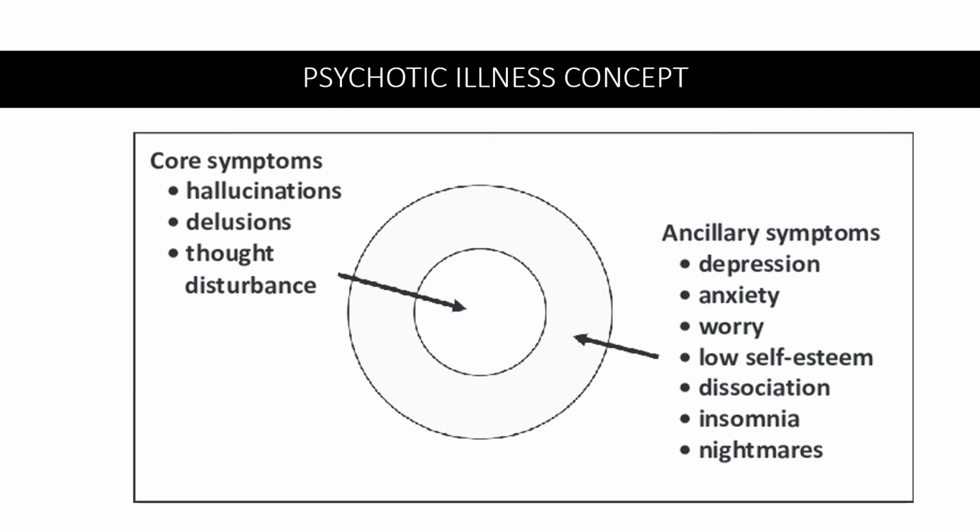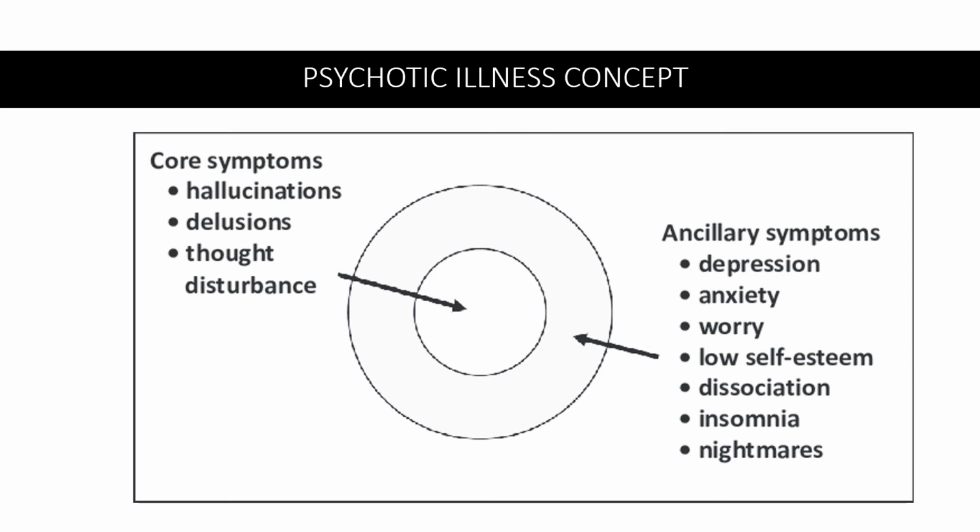So there are abnormal thoughts and abnormal perceptions, leading to abnormal speech and communication. That can result in agitation and bizarre behaviors because of the underlying thought disturbance. Schizophrenia, for example, is a very common example of hallucinations, delusions, and the underlying thought disturbance.